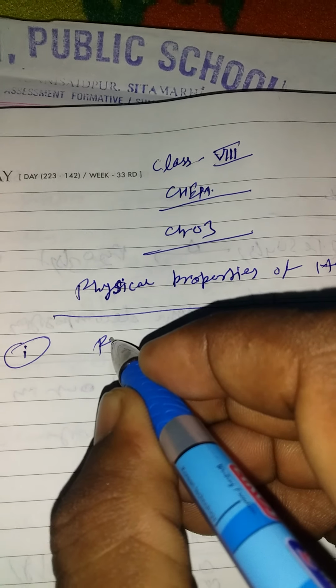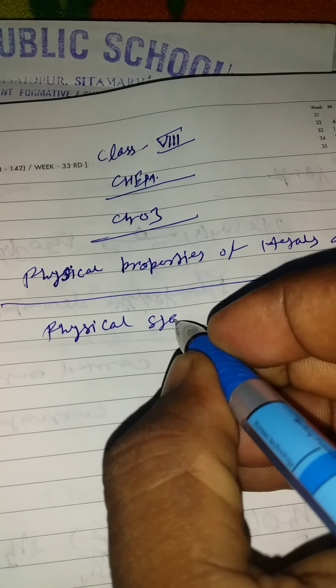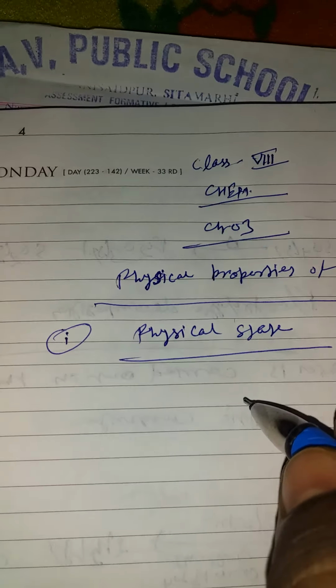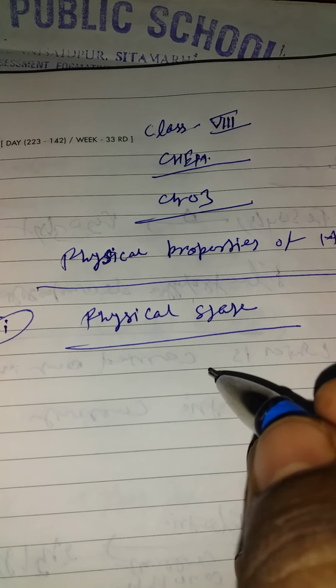physical state. On the basis of physical state, we differentiate between metal and non-metal.